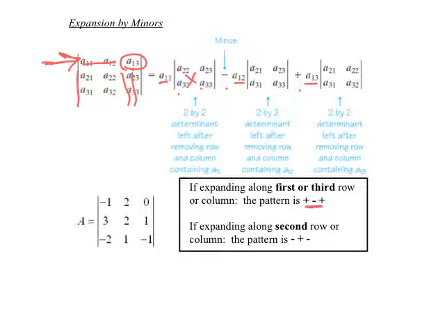You do want to pick wisely which row or column you're expanding by, in that if you can find one with a bunch of zeros or ones, you'll eliminate a bunch. The other thing is this note here: it's easier just to remember that if you end up with an even number, so 1 plus 1 is 2, then it's going to be plus, minus, plus.